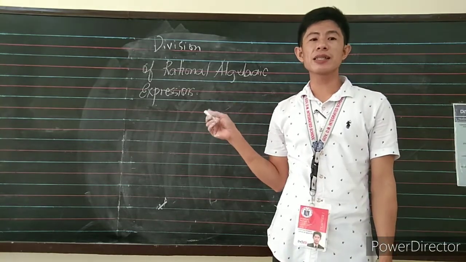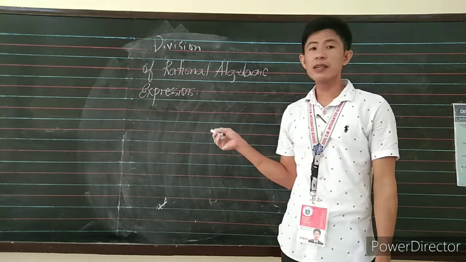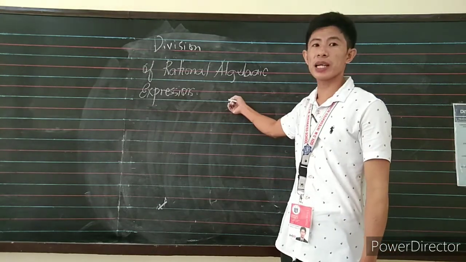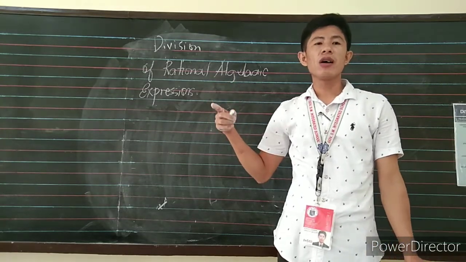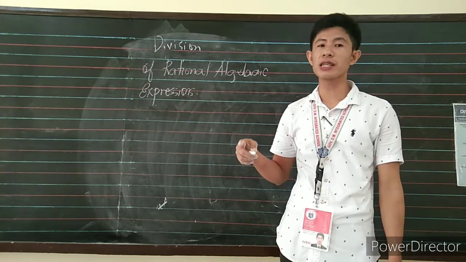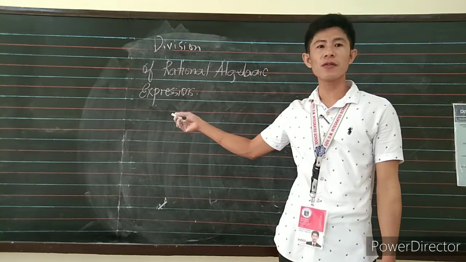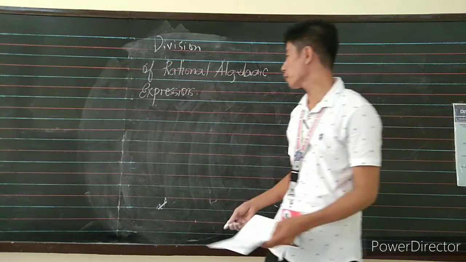Again, we can still use our concept of dividing fractions in this topic. And we should also master the rule of multiplying rational algebraic expressions because that is very useful in solving division of rational algebraic expressions.